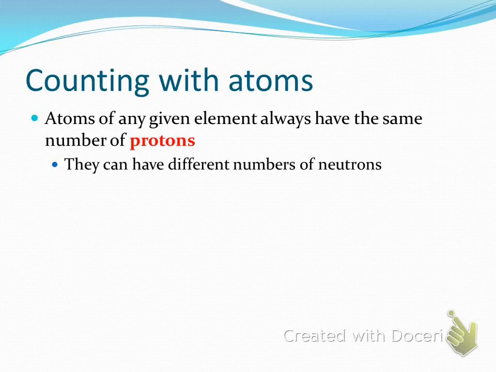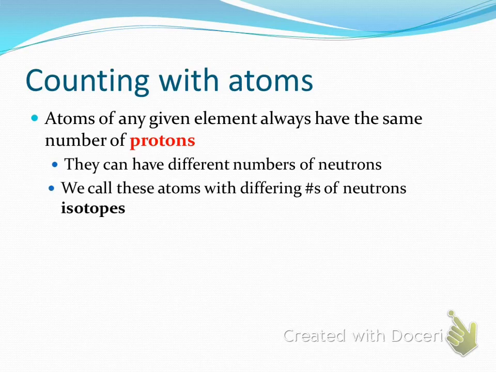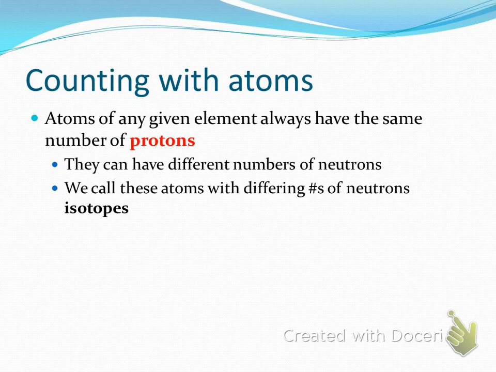Anyone know what these are called? Okay. These are called isotopes. When we have atoms of the same element that have different masses, those are called isotopes. Okay.